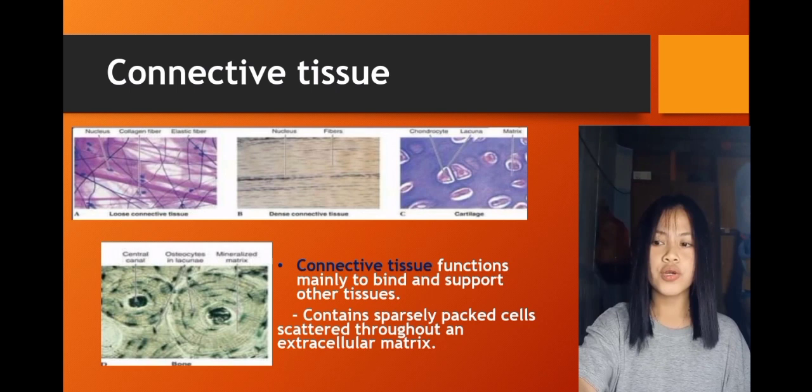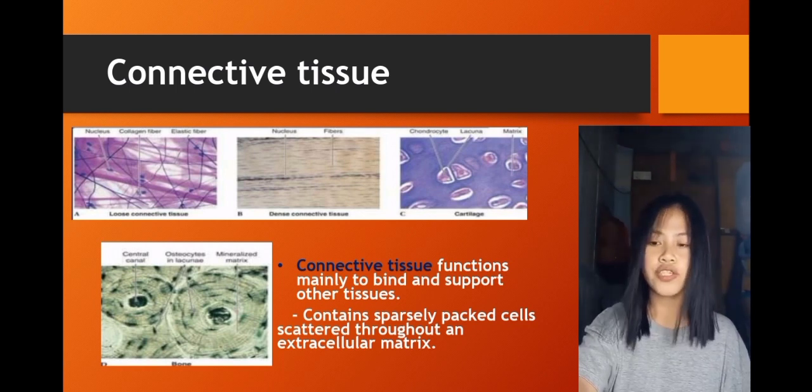It also stores fats, helps move nutrients and other substances between tissues and organs, and helps repair damaged tissues. Connective tissue is made up of cells, fibers, and a gel-like substance.